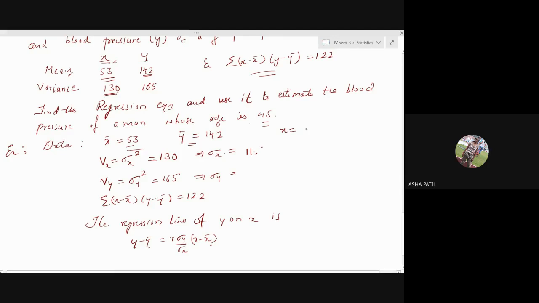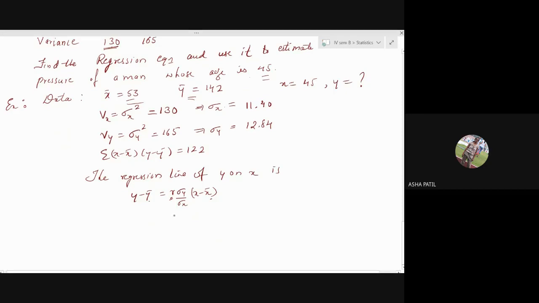Sigma y is 12.84. Now, what we want is the value of r. So first find the value of r.